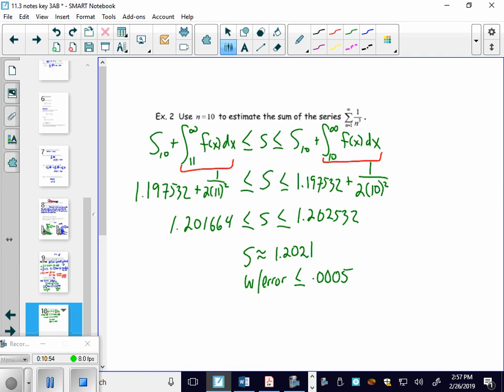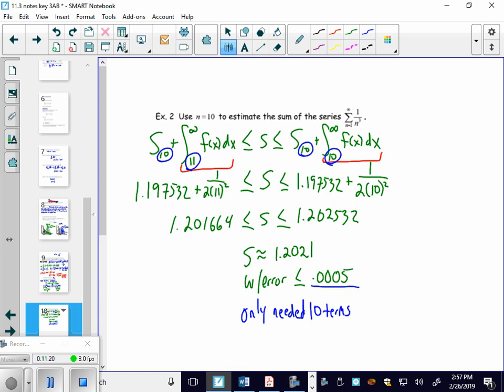And this is the part that's interesting: n was 10. We only needed 10 terms using this formula to get to within that accuracy.